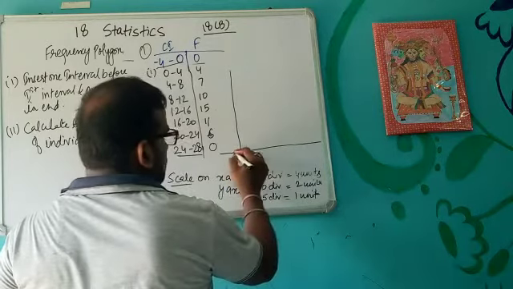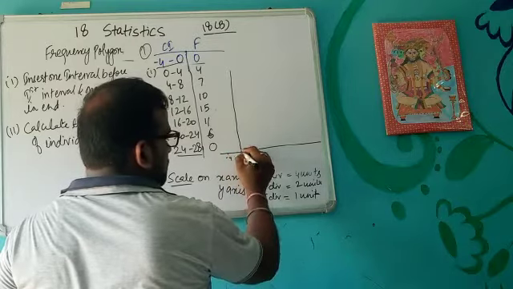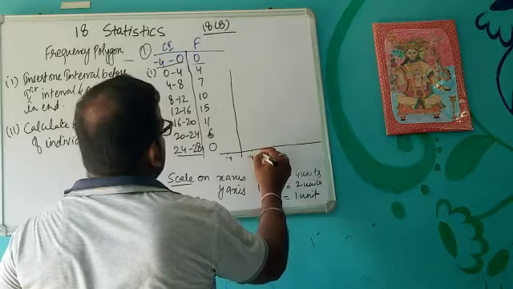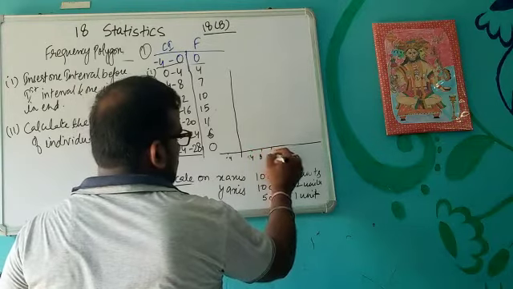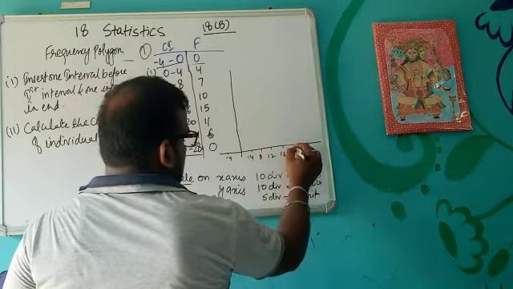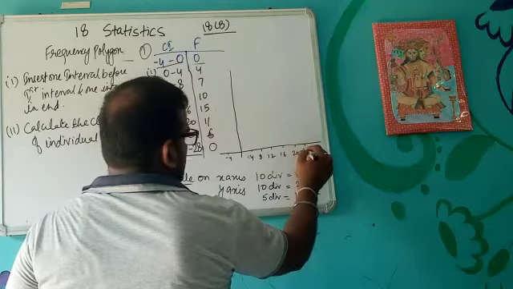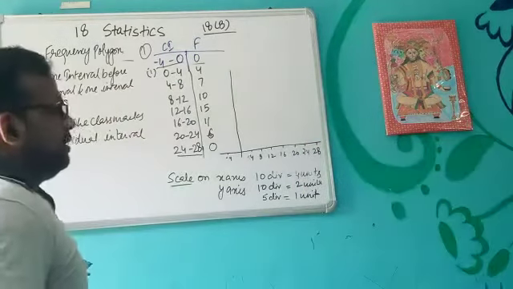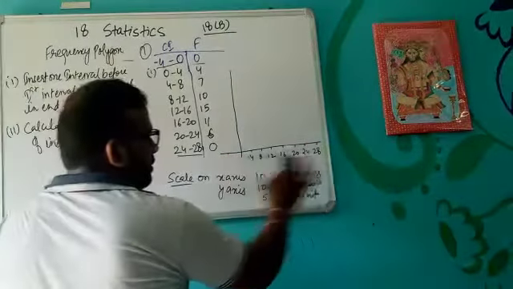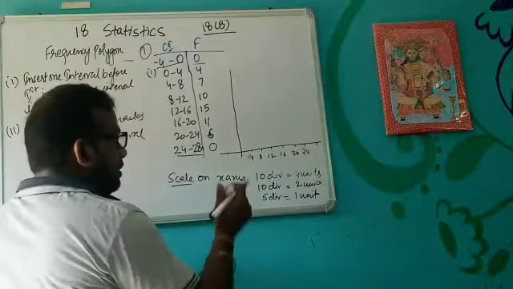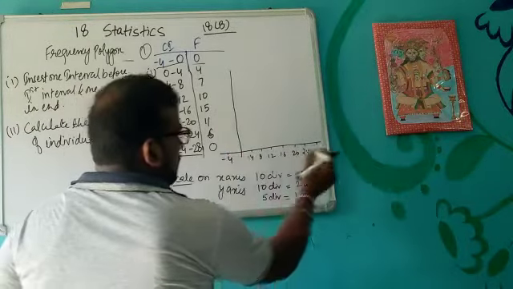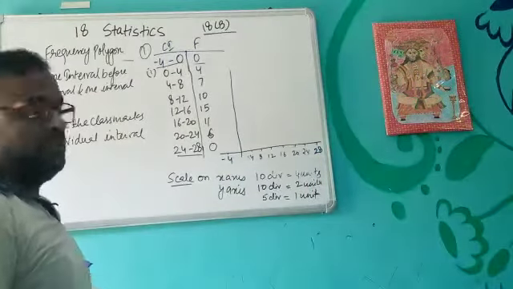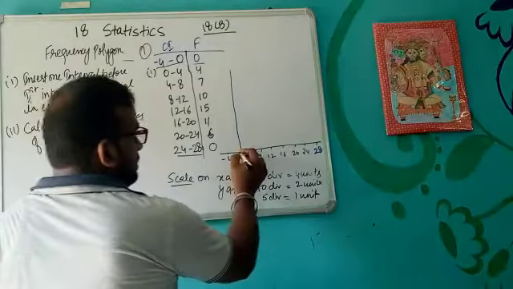So suppose this is 0, this is -4, this is 0, this is 4, this is 8, 12, 16, 20, 24, and one more we will add here, 28. Okay, so these two values that I have marked in blue are the extra intervals, and this is the 0.